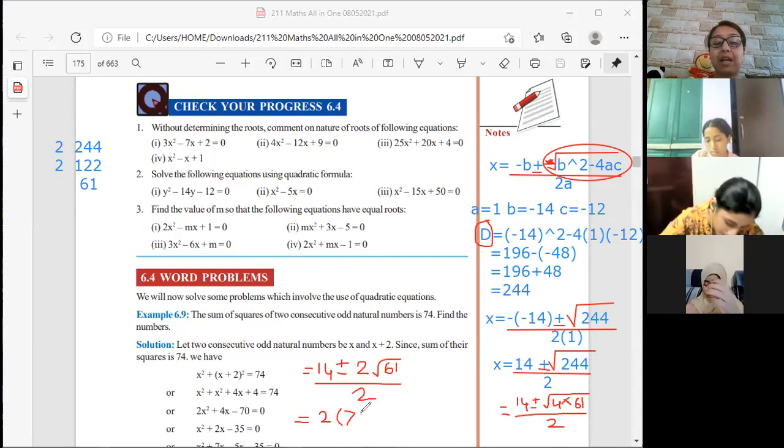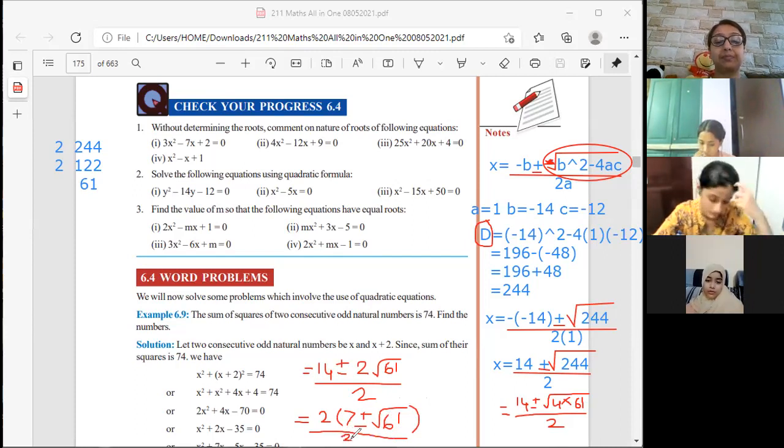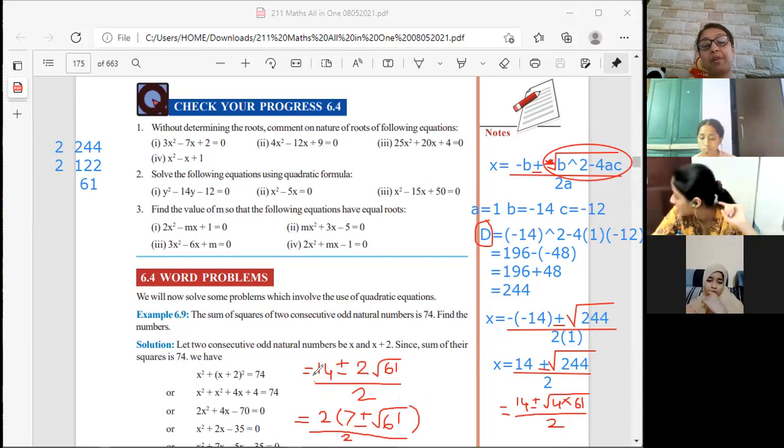Then I'm going to get plus minus root 61 upon 2. Do you agree? Yes? I've taken 2 common for the first 2.